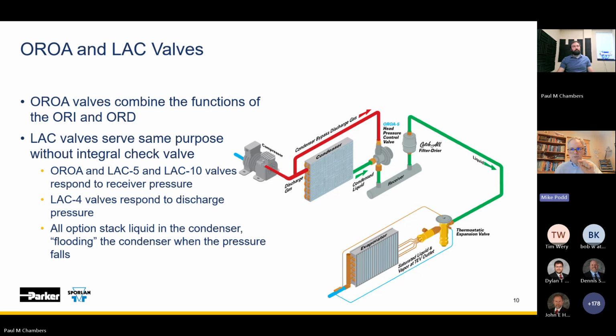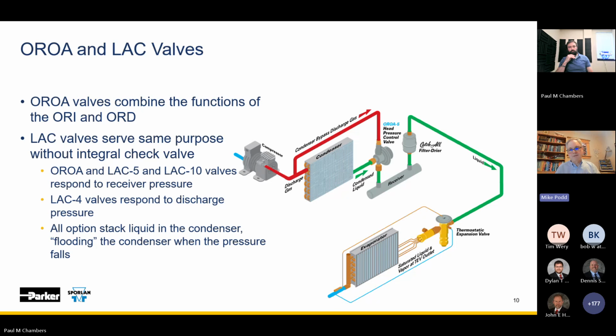The LAC4, the small one, is reacting to the discharge pressure. So if it's a LAC4 180, as the discharge pressure drops below 180, it will start to restrict the flow leaving the condenser and allow hot gas to bypass to pressurize.